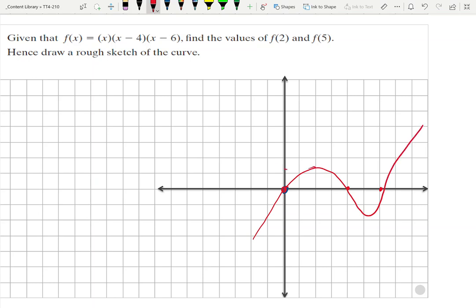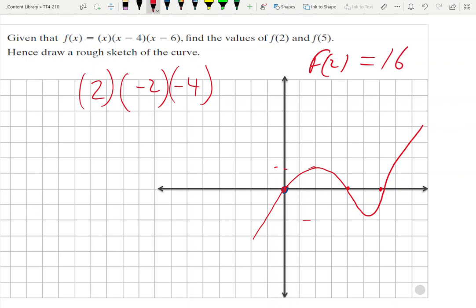Okay, well, sorry, I'm only thinking now. You don't have to do the sketch at all. Put 2 in here, here, and here, and evaluate to 16. And put 5 in here, here, and here.